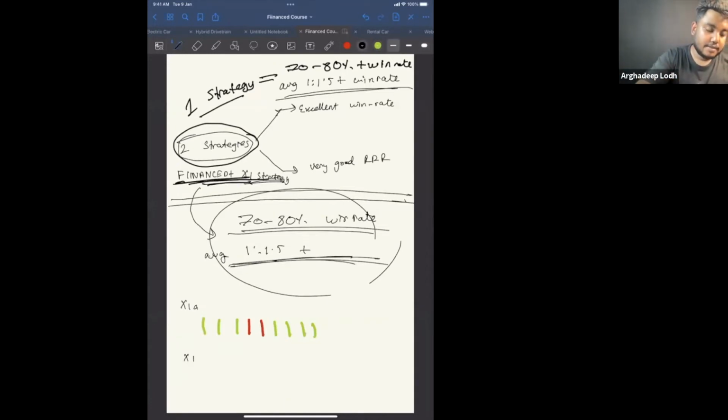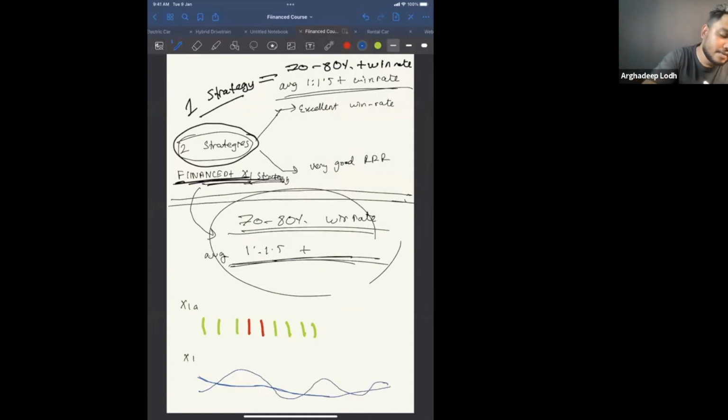X1 will look like there is a blue line in the middle, and there is a line. This is the X1 line, the index line. This will move around this median line. ये median line को ऊपर नीचे ऐसे move करेगा.